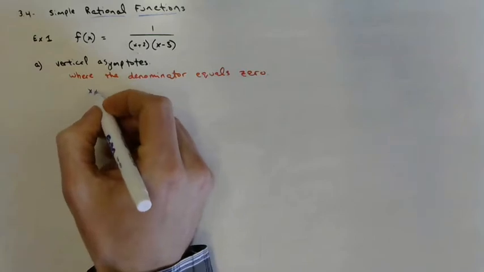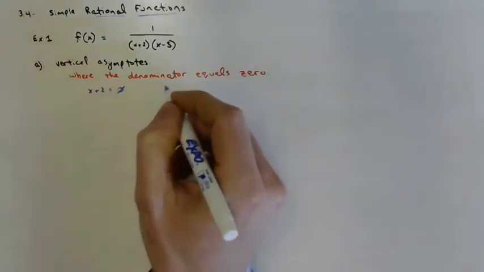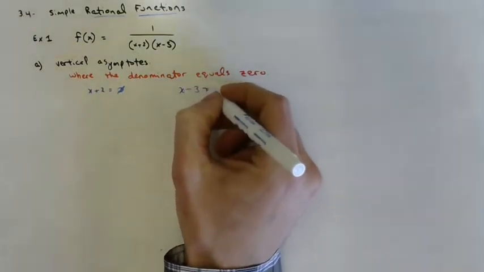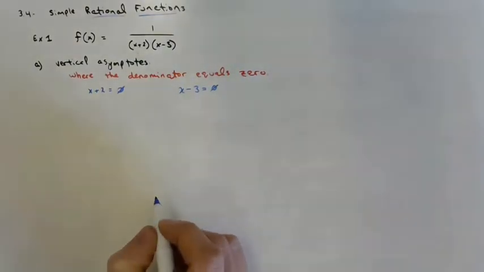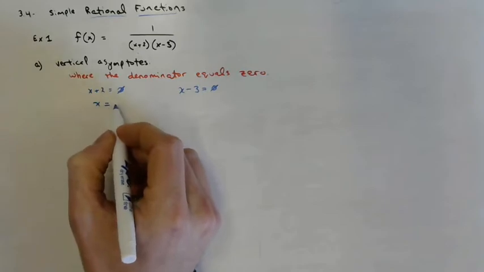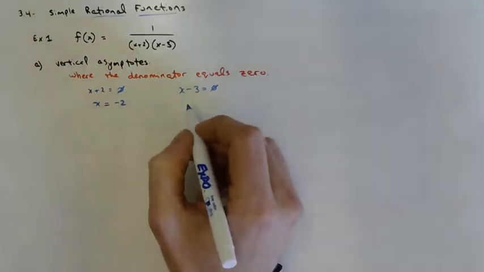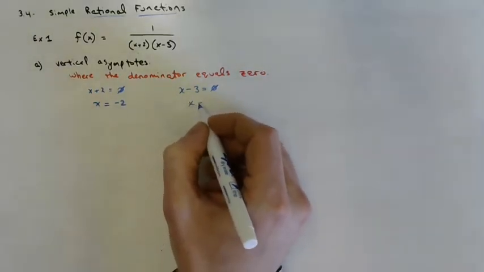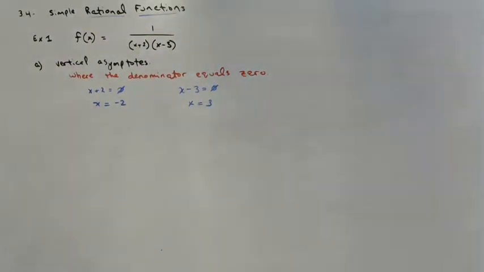So either x plus 2 equals 0 or x minus 3 equals 0. Those will both be vertical asymptotes here. So subtract 2 from both sides. x equals negative 2 is a vertical asymptote, and x equals positive 3 is a vertical asymptote.